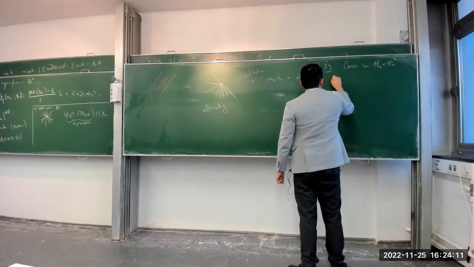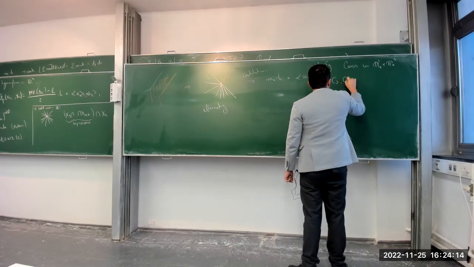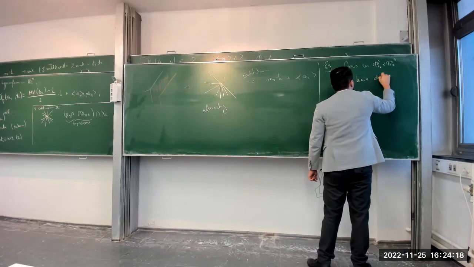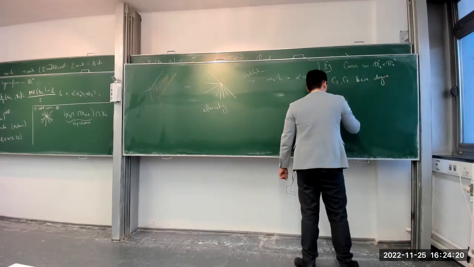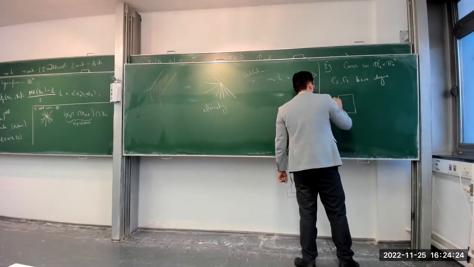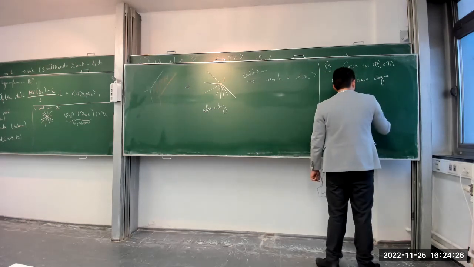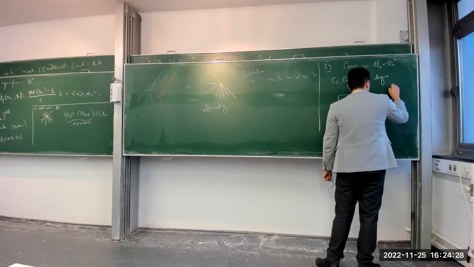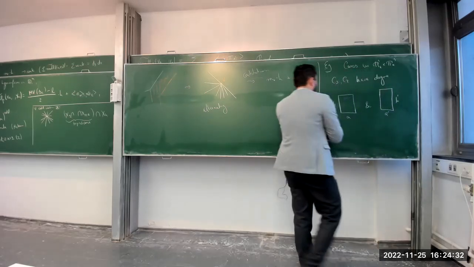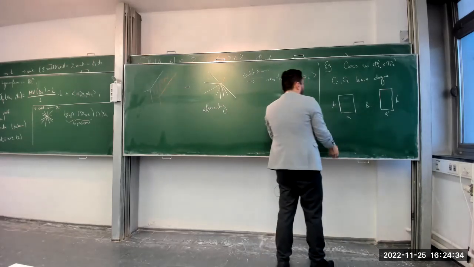In this case, if I have two of them, they have degrees; the Newton polytopes are going to be rectangles of sides A and B, and A prime and B prime, respectively.